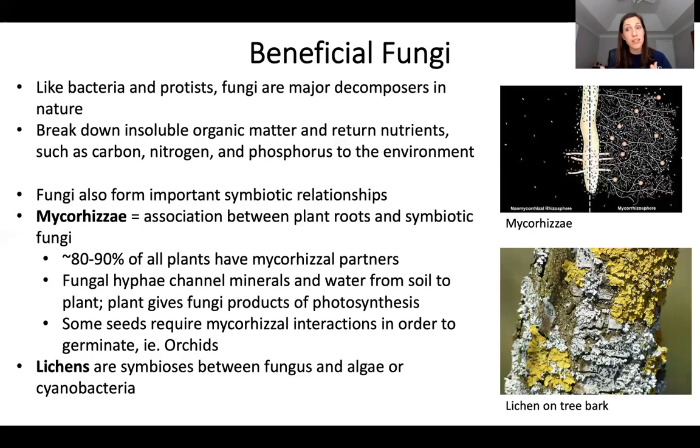But they can't photosynthesize. So they're really good at getting minerals out of the soil that the plant is less efficient at acquiring for itself. They do that part, and they share those minerals with the plant. And in exchange, the plant gives the fungi some sugar because it's good at doing photosynthesis. And so the two both benefit from the relationship.